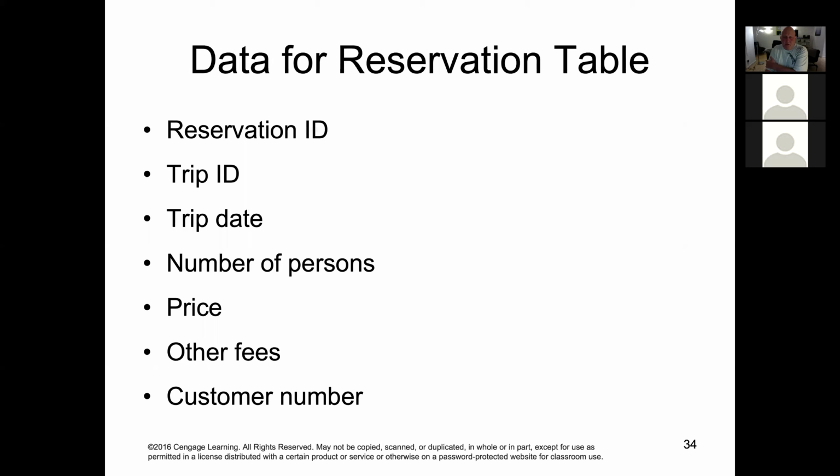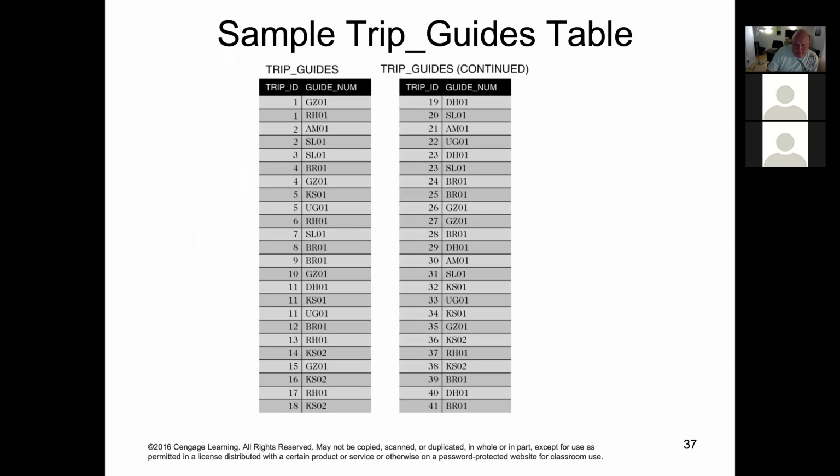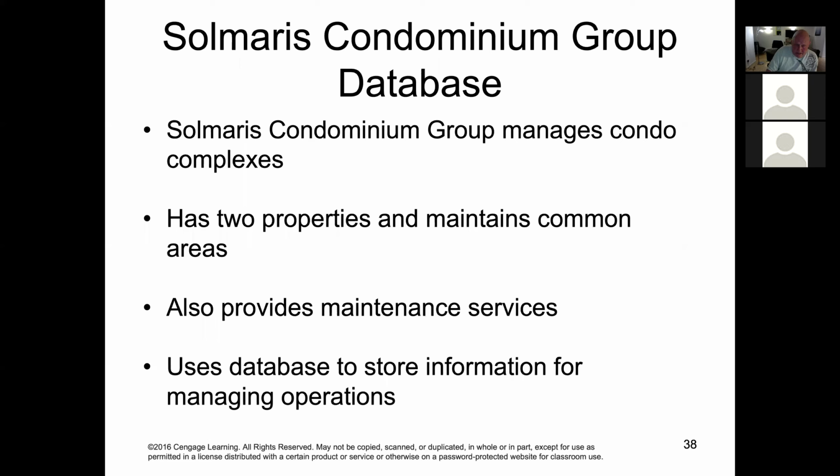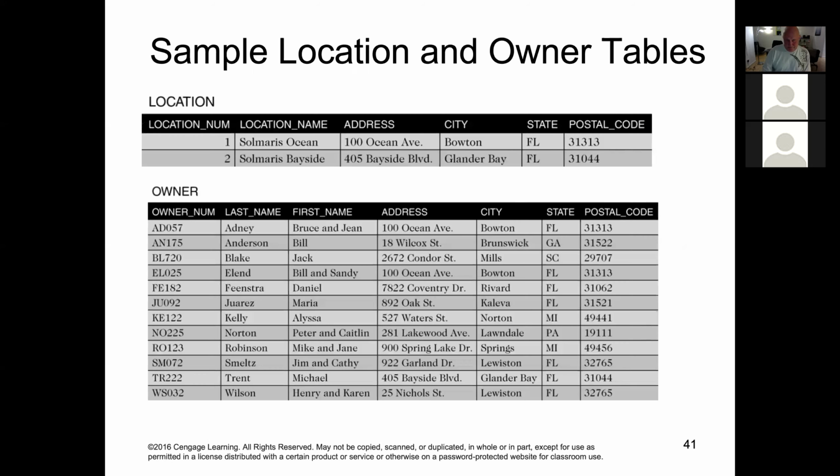This first chapter is looking at the data, the tables, and the fields for each one of the databases. This is the Solarius Condominium Group database. And again, you don't have to go in and recreate these databases. I've provided them for you. Just let me know if you haven't been able to unzip those databases.